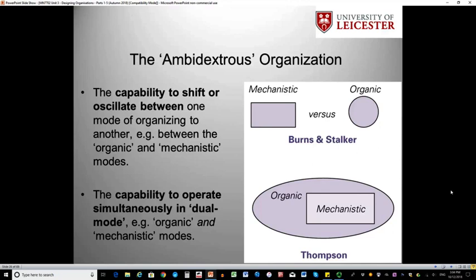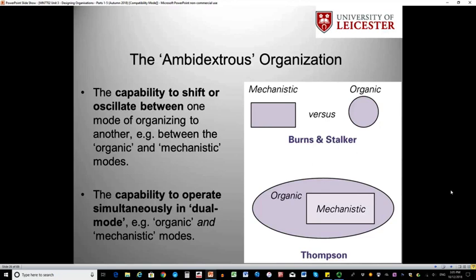So we can see that there are many companies, and you might want to think about your own company, where you can see how, yes, they might have organic and mechanistic modes, but the chances are they operate these simultaneously in dual mode in different parts of the organisation. So the ambidextrous organisation relates in part to companies that operate in this dual mode.